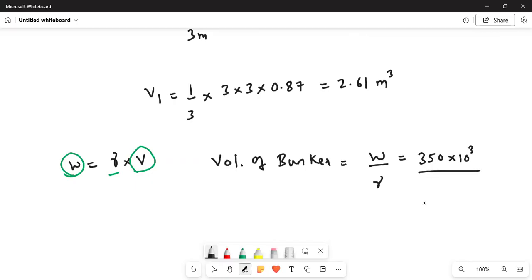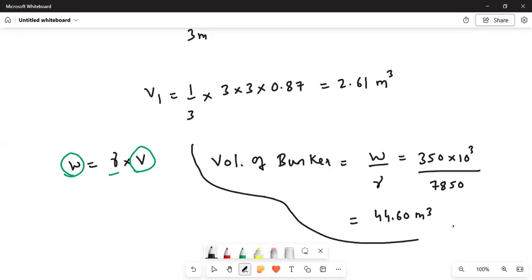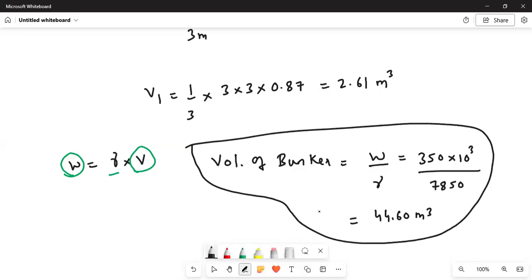And gamma is given as 7850. So the volume of bunker that you are getting is 44.60 meter cube.